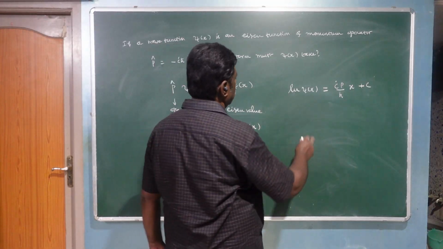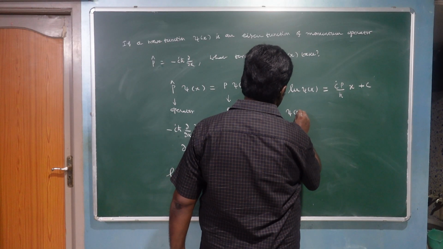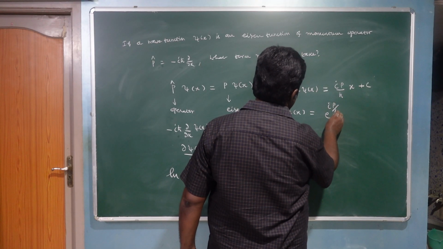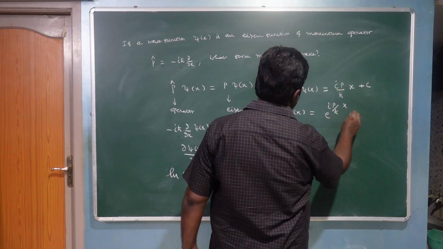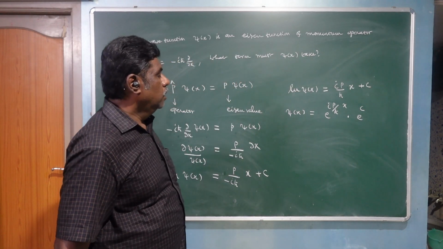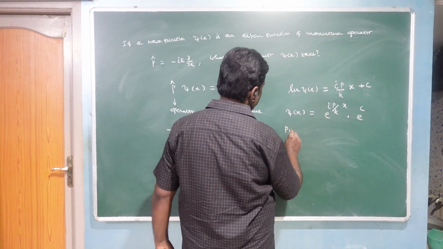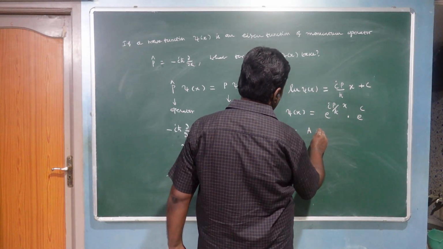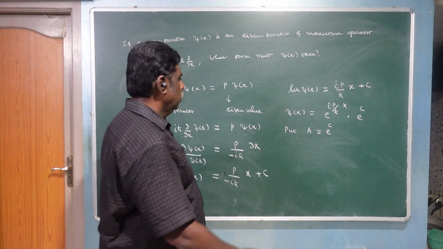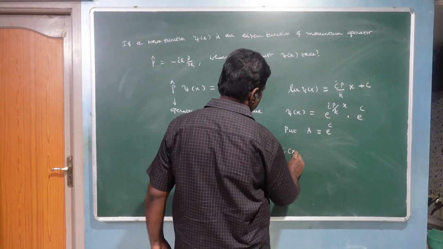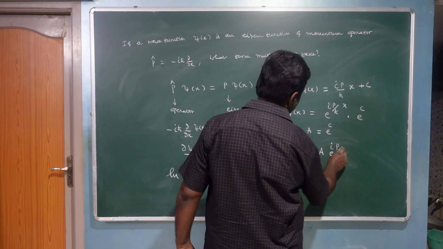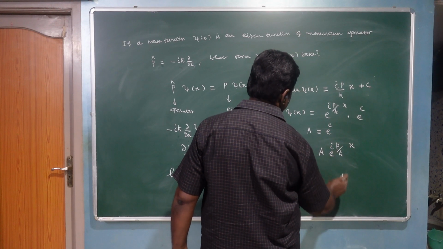Now we may find the value of ψ(x). ψ(x) equals e to the power i p by ħ into x, into e to the power C. Put A equal to e to the power C. Now the value of ψ(x) equals A e to the power i p by ħ into x.